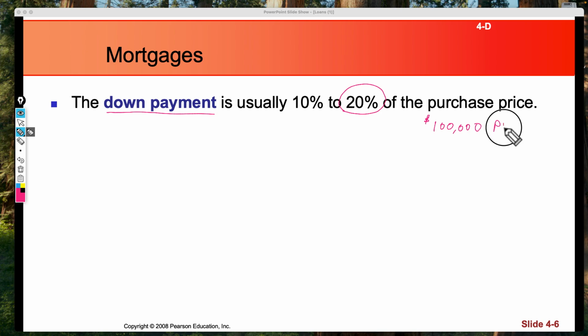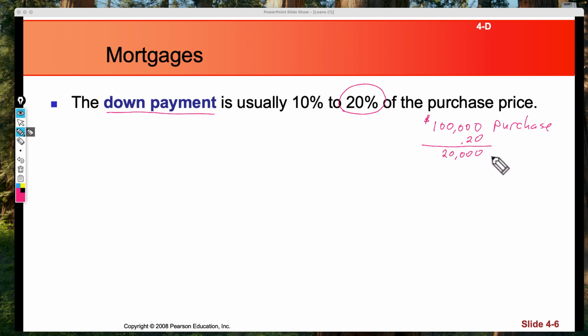okay, purchase price, how much would the down payment be at 20%? 0.2 times 100,000 is going to be 20,000. Yeah, so 10% of 100,000 is 10,000. 20% is 20,000.